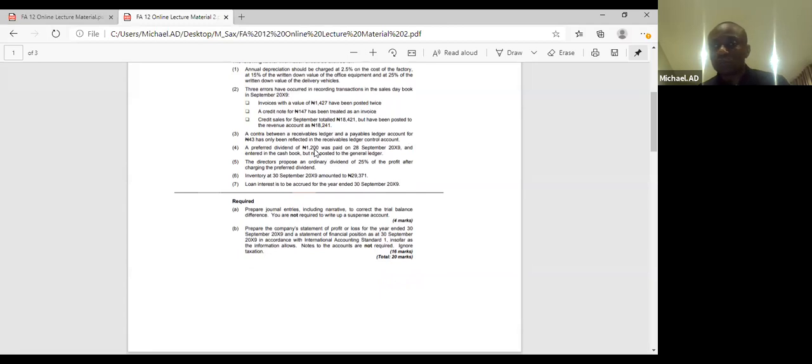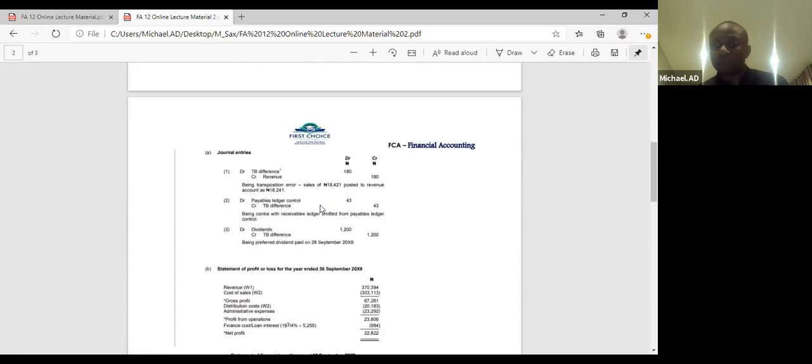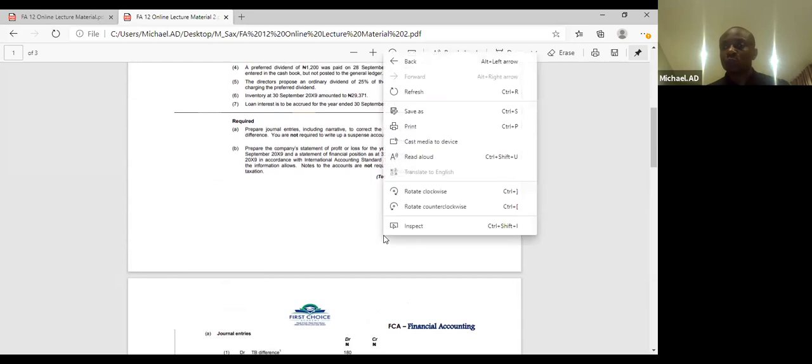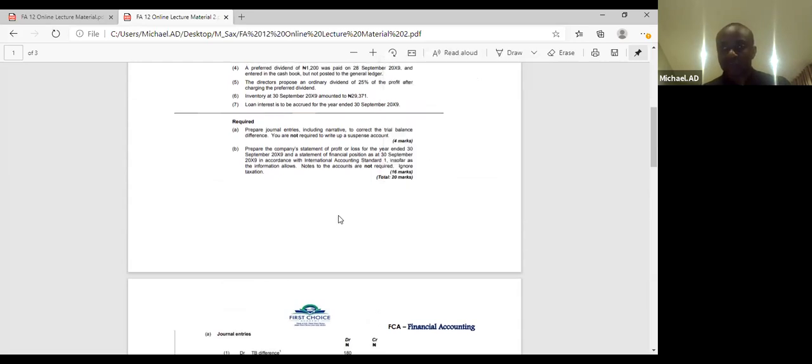So this 1,200 has been debited to dividends and trial balance differences of 1,200. So here you go, your format full, no issue with it.